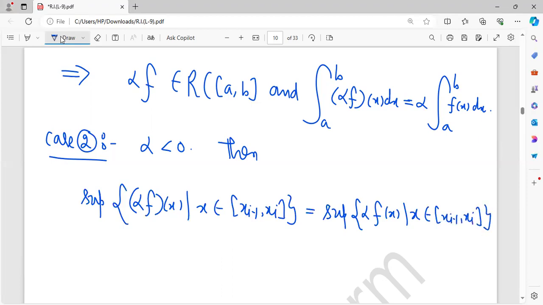Alpha is negative. Once you take alpha outside, the supremum becomes infimum. That is the difference. If you are taking a negative alpha outside, this will become infimum, but once alpha is non-negative, this will not affect it.